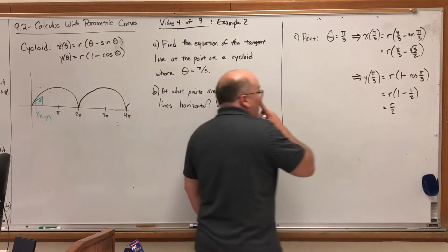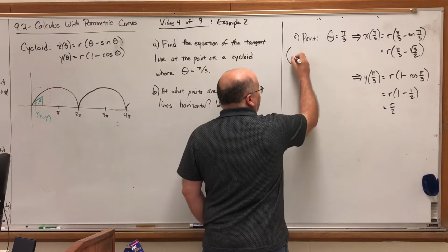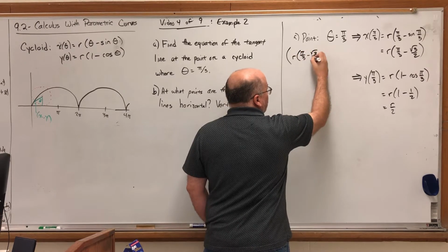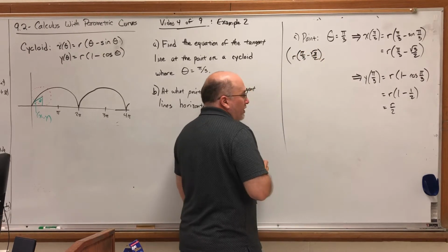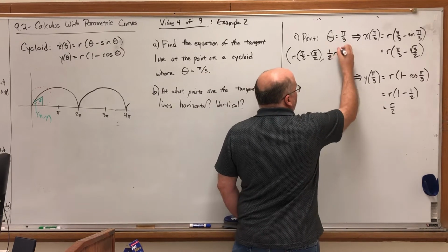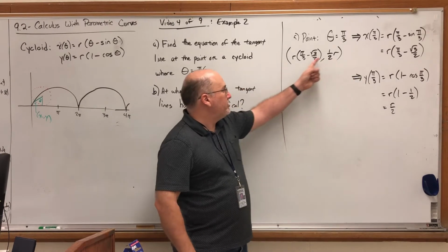So the point at pi over 3 is going to be, the x-coordinate is inconvenient, r times pi over 3 minus square root of 3 over 2, comma, but the y-coordinate is pretty easy, it's just r over 2, or 1/2 r. I think I'll write it as 1/2 r since both of these are a constant times r.